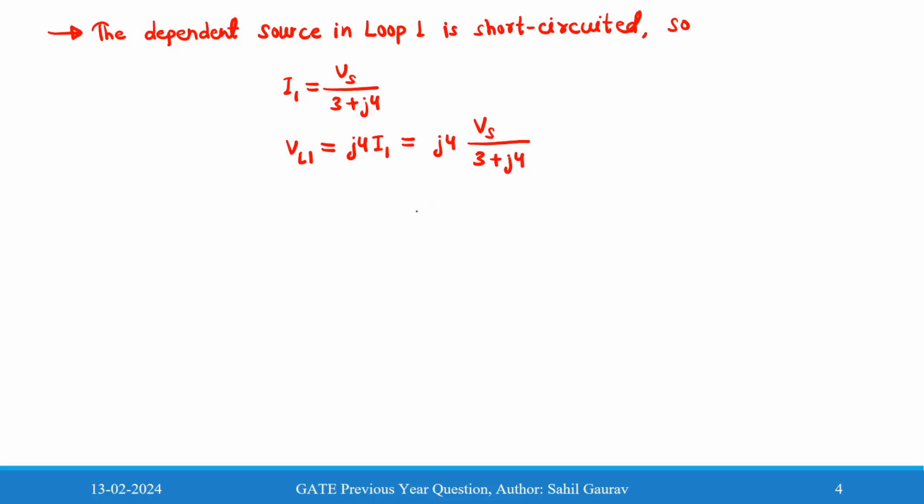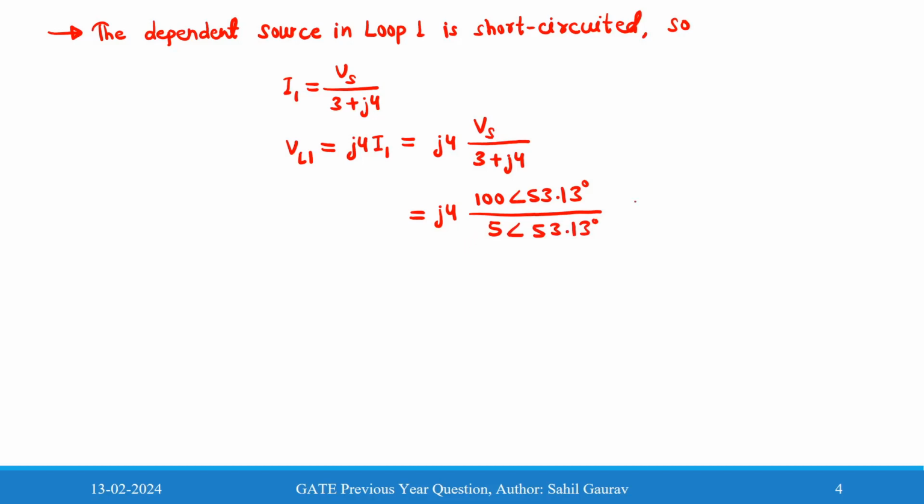Now substitute all the values. Vs is given as 100 at the angle of 53.13 degree volt, and 3 plus J4 will become 5 at the angle of 53.13 degree.